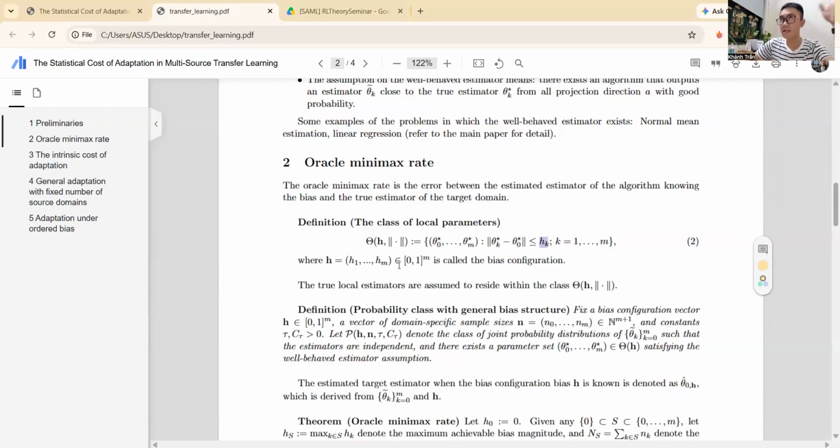In general we usually have a distance between two domains, and the class provides a bound on the distance to the target estimator. We have an assumption that the two local estimators are assumed to be in the class.